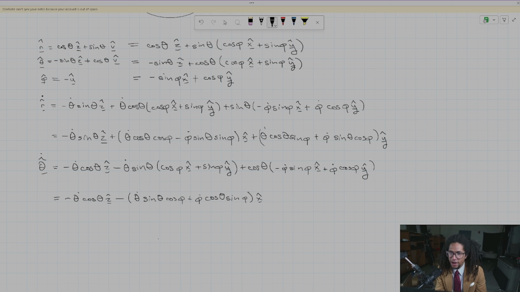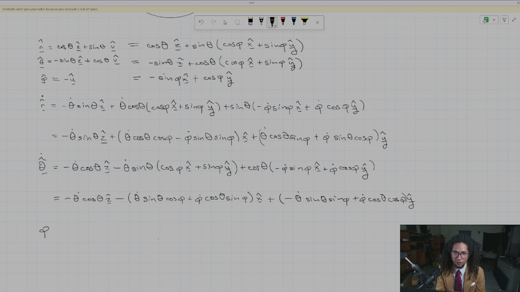And then in the y hat direction, we have a minus for one but a plus for the other, so I won't pull out a minus sign. I'll get minus theta dot sine theta sine phi plus phi dot cos theta cos phi in the y hat direction.